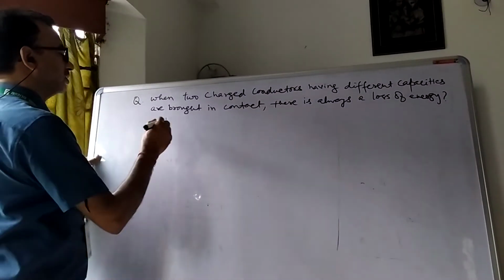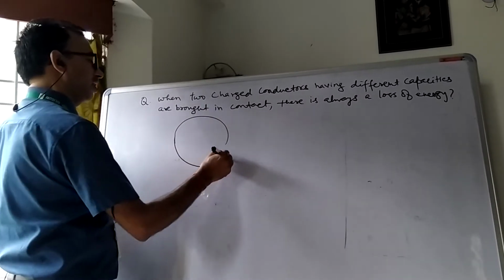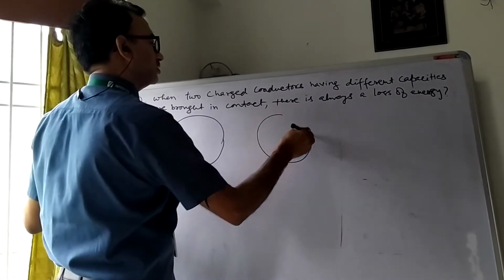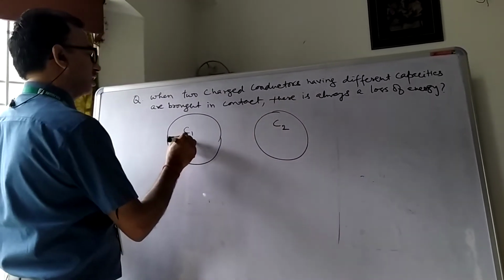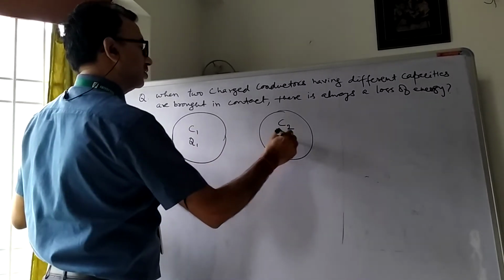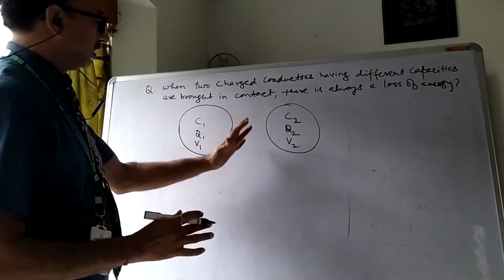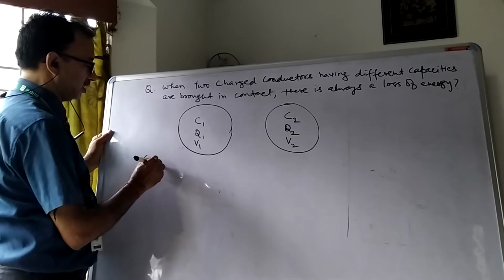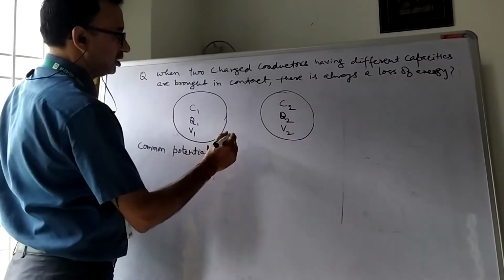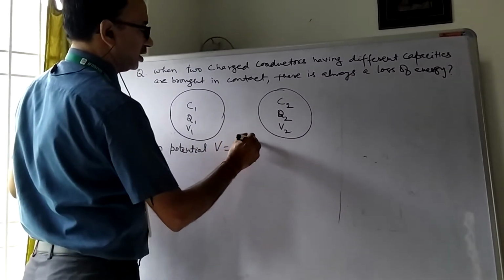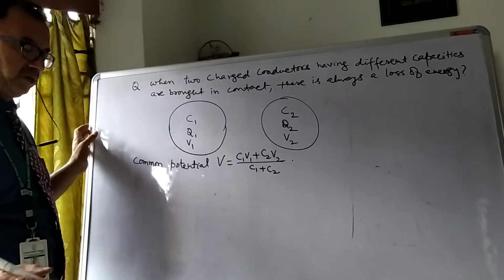So how to do this? Let there be two conductors having capacitance C1, C2. They are having charges Q1, Q2 and potentials V1, V2. When they are brought in contact, the common potential V equals C1 V1 plus C2 V2 divided by C1 plus C2, right?